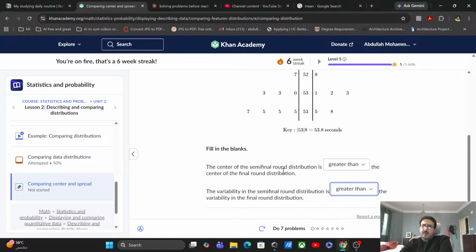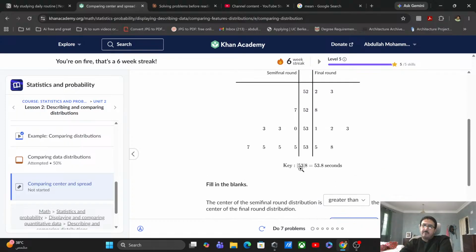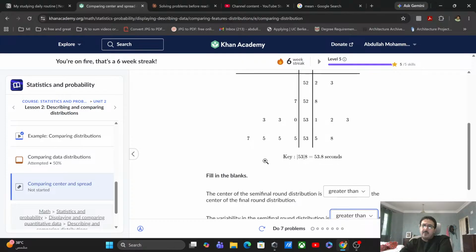This I'm sure of, but the center, in the center we got the median and the mean. So the center is about half. It's about the same. Center of the same distribution.